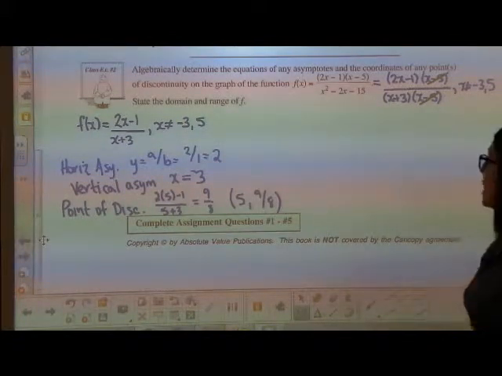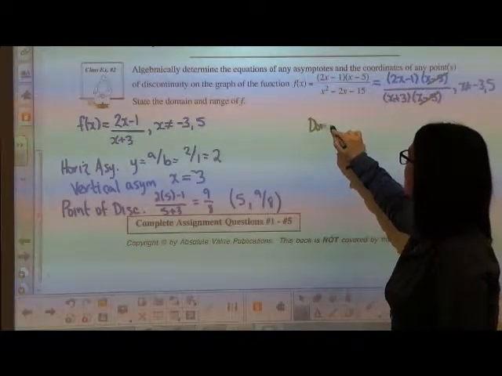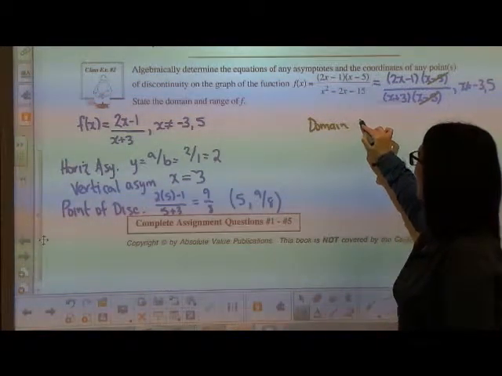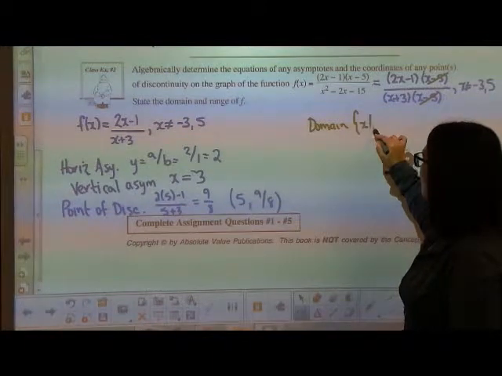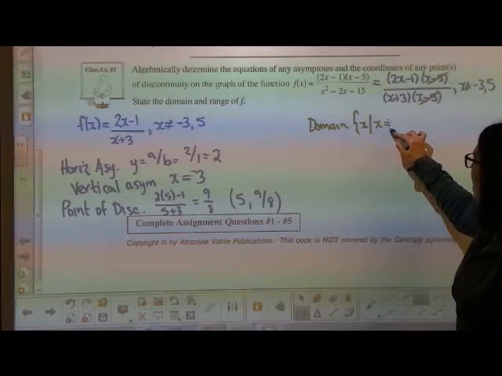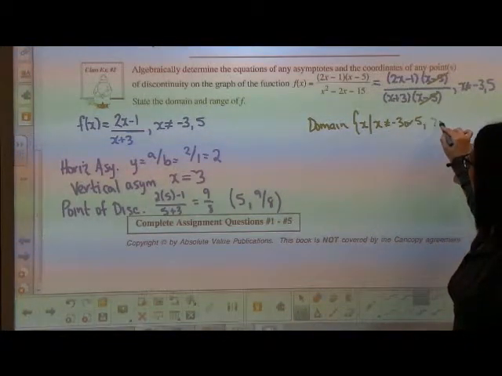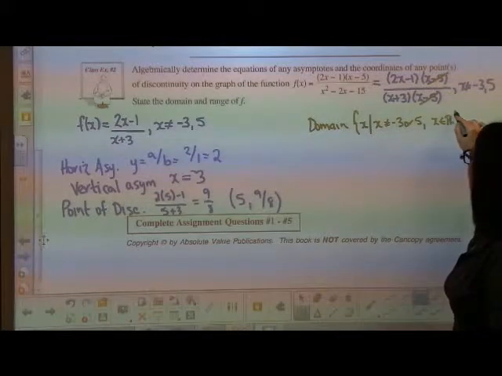So now if I look at my domain and my range, my domain is the easier one because it's the non-permissible values. x cannot equal negative 3 or 5, but x could be anything else.